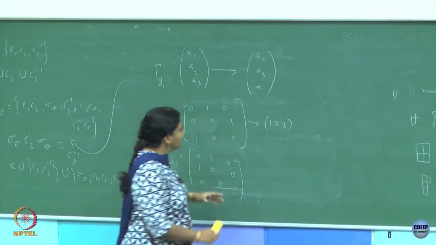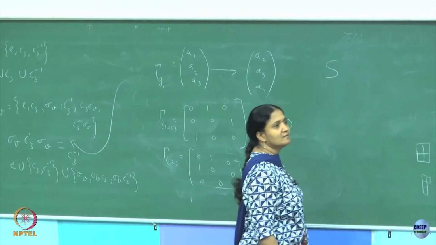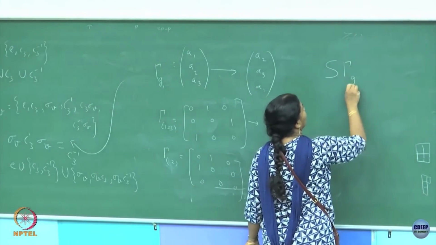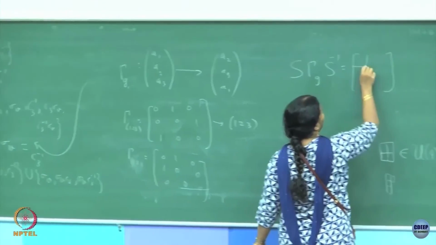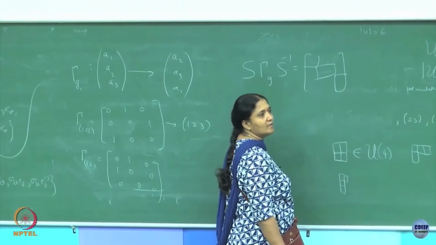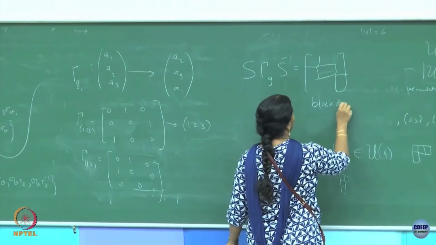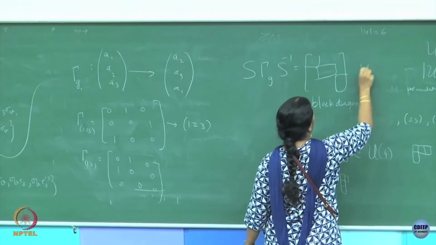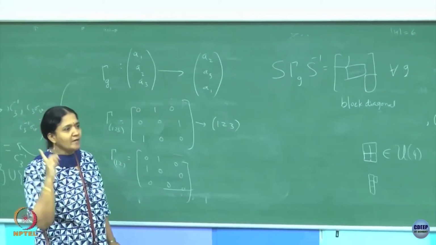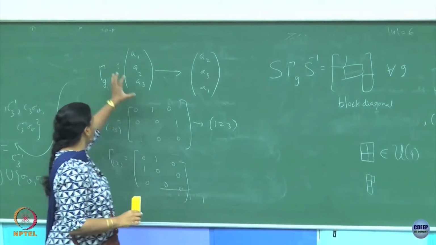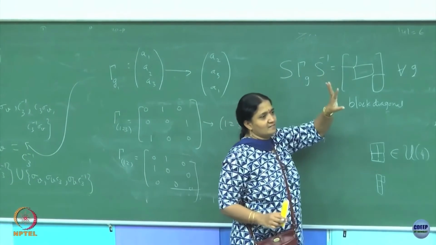Equivalently, can I find a matrix S such that I should be able to write the representation in a block diagonal form? This is what I am calling block diagonal. This is for all g, the same S. There should be one S which breaks all the elements. The identity element is anyway in block diagonal form, and S and S inverse will cancel, right.